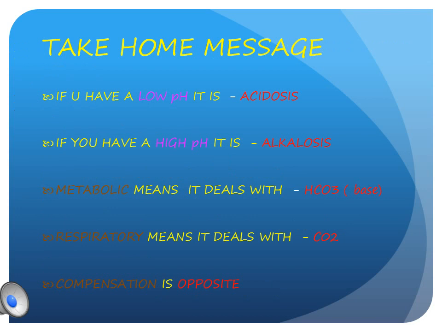Point number 3, metabolic means it deals with HCO3, that is the base. Point number 4, respiratory means it deals with carbon dioxide. And the final point number 5, compensation is always opposite.